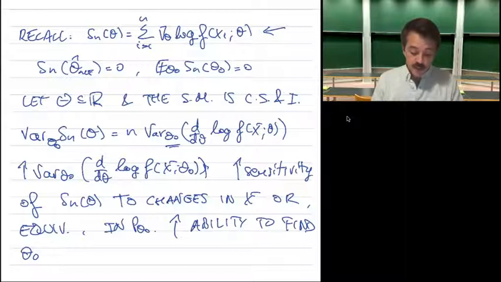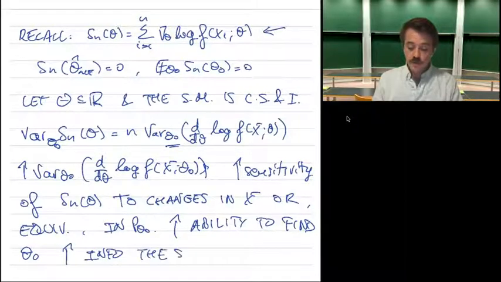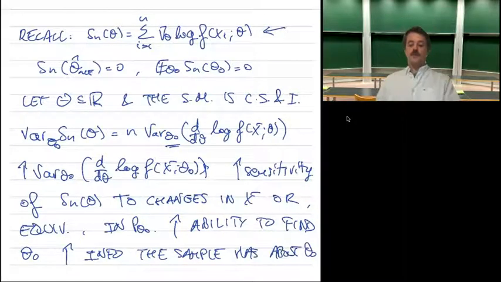So essentially what we are saying is that the larger this variance, the more information the sample has about theta naught. Okay, so then we've connected this variance, the variance of the score, to the amount of information that a given sample is going to have about the unknown.